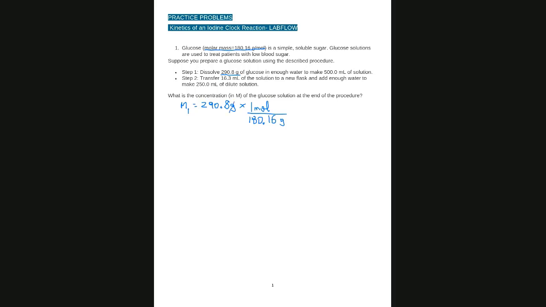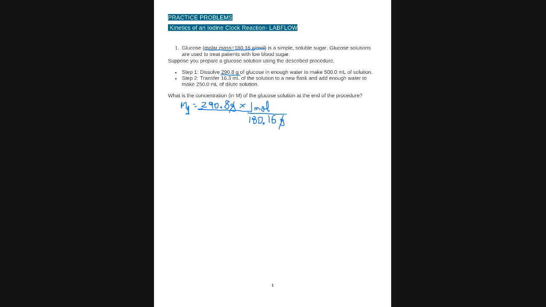So we convert it into moles, but we need to divide by the volume, right? Molarity, the big M1 in step 1, equals moles that we have already divided by the volume in liters.